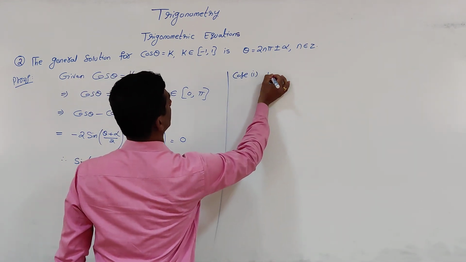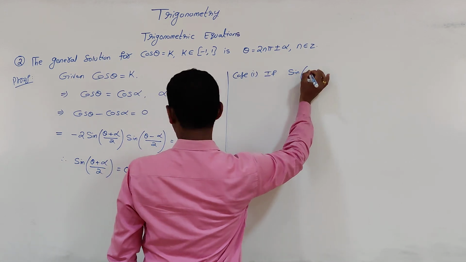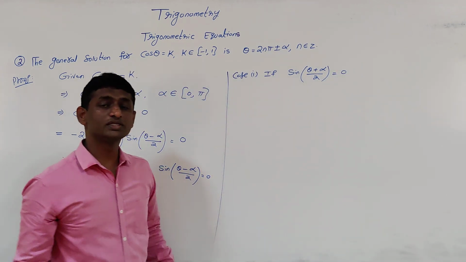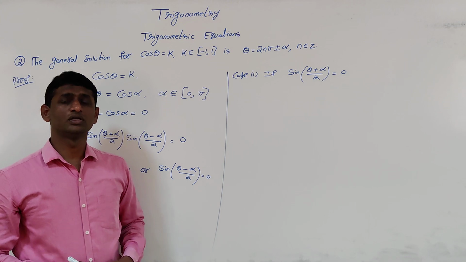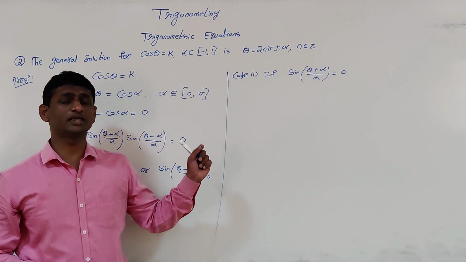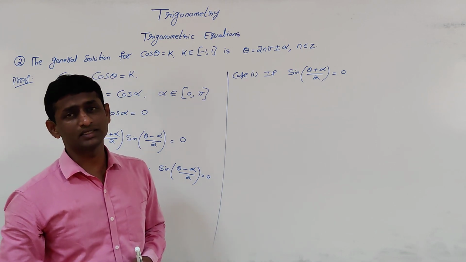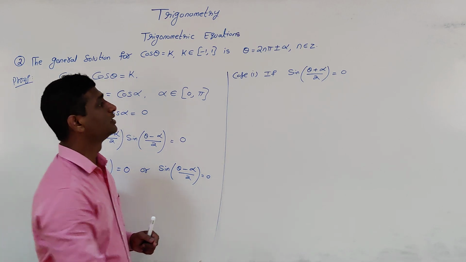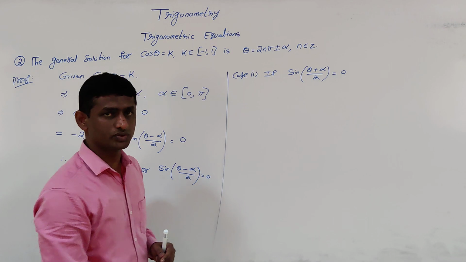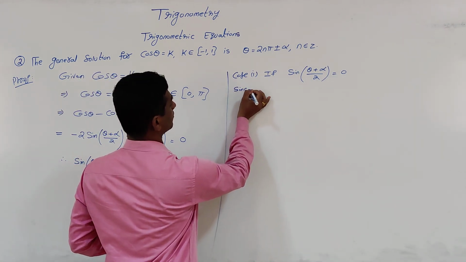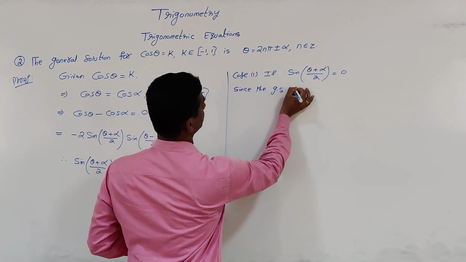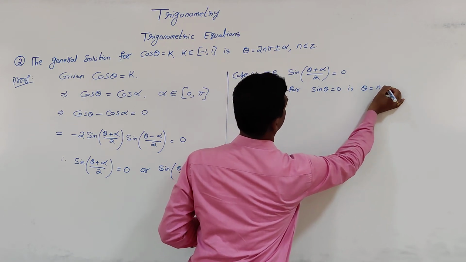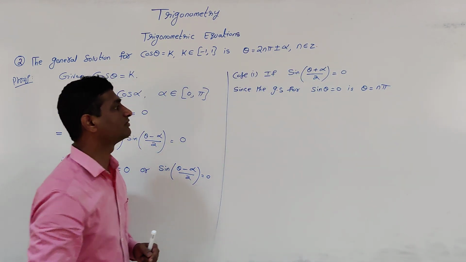Case 1. If sin of (theta plus alpha) by 2 is 0, what is the general solution? In the last class we saw the general solutions for sin theta is equal to 0, cos theta is equal to 0 and tan theta is equal to 0. For sin theta is equal to 0, theta will be n pi, but in the place of theta it is (theta plus alpha) by 2.